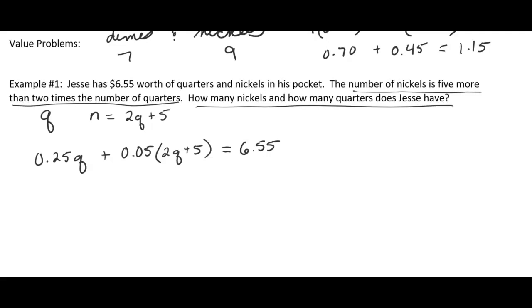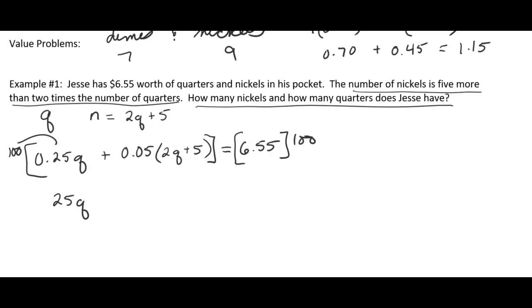Now, one thing we could do here, we could do what we were talking about in another video where we clear the decimal. So I'm going to multiply this whole equation, both sides, by 100. And then that's going to get rid of that decimal for me. So I'm going to have 25Q because I'm going to carry it 2 places.